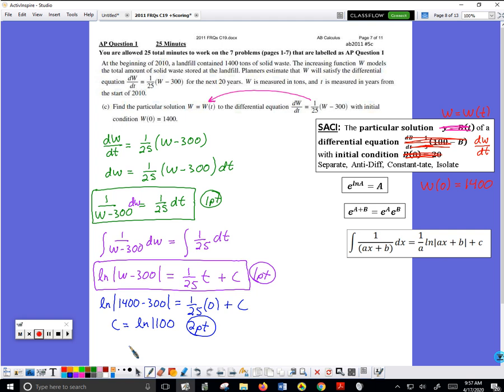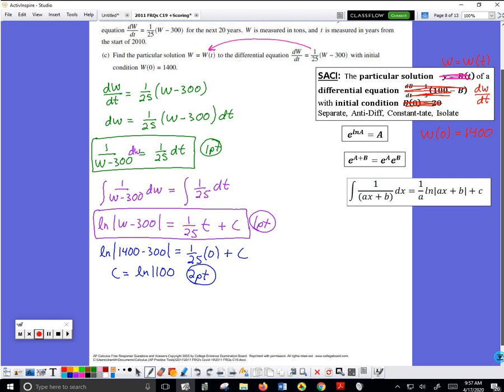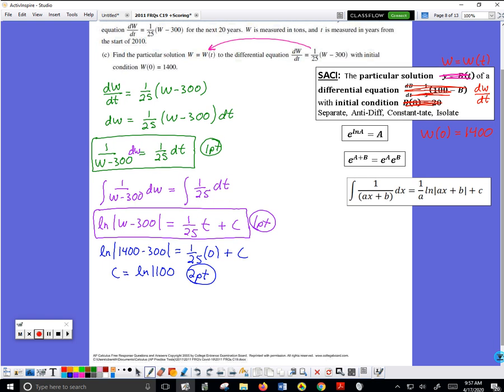Okay. Now we've got to go back and isolate. So we have to take this equation and get W alone. Absolute value can be tricky, but in this particular case it's a bit easier because we know the W is 1400 and larger, therefore this is always going to be a positive number, so there's no need for the absolute value bars.